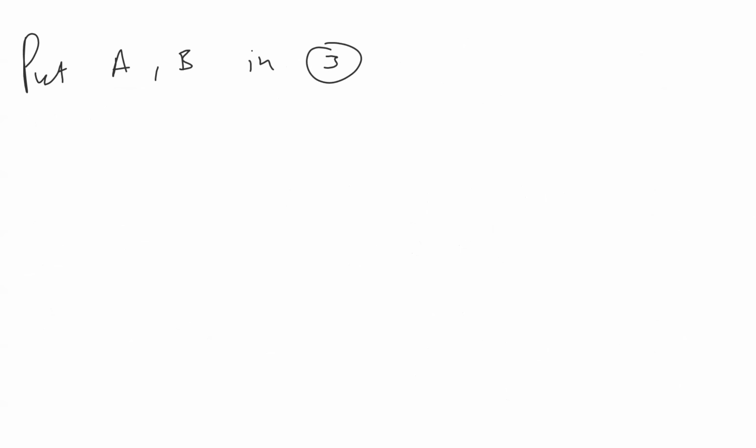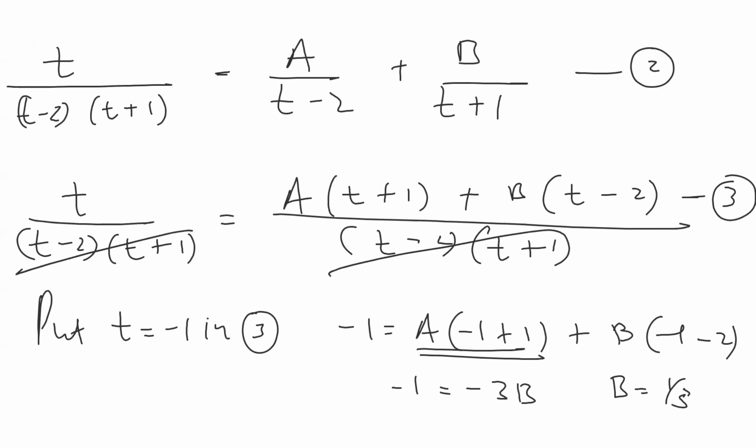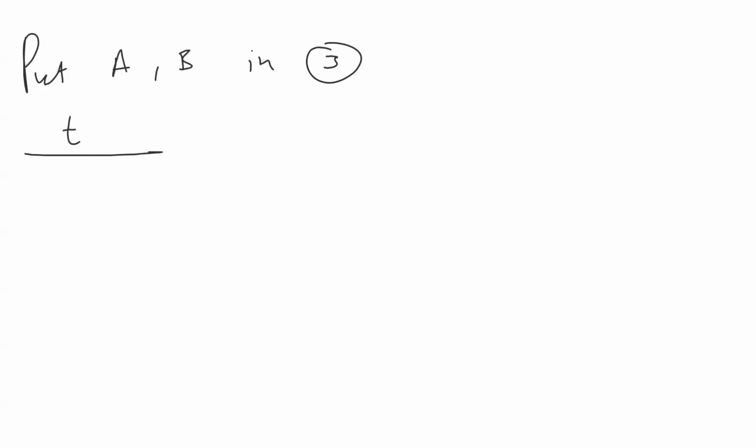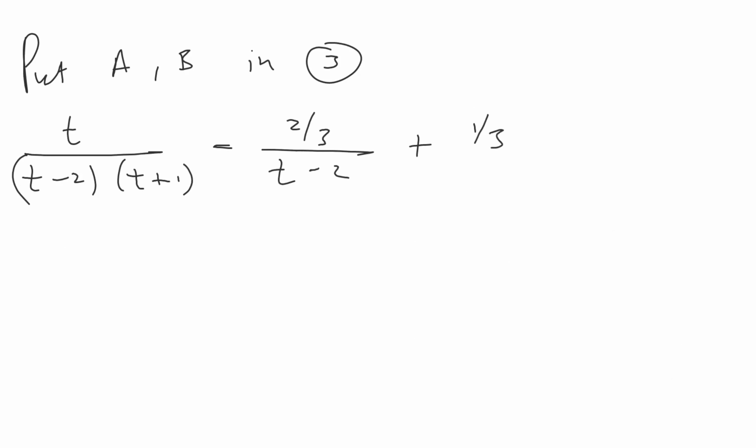Okay. So t upon t minus 2 into t plus 1 is 2 by 3 upon t minus 2 plus 1 by 3 upon t plus 1. In equation 2, sorry, not in 3.